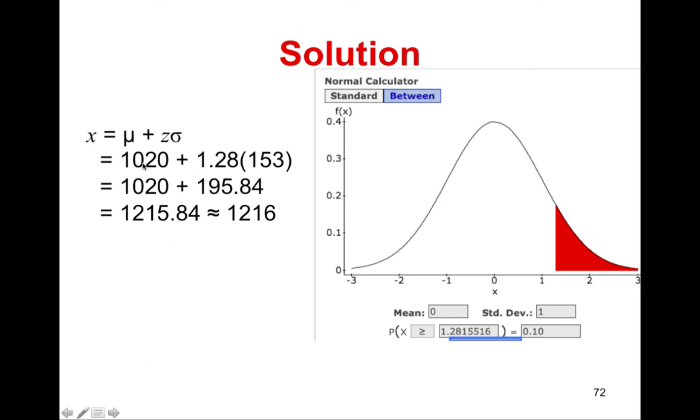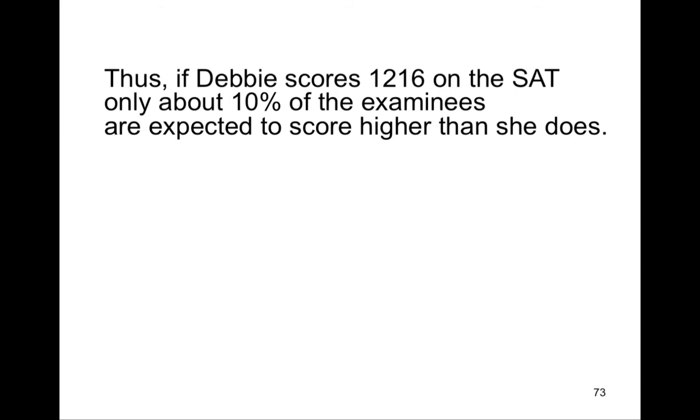We put in the mean SAT of 1020, the z-score that cuts off the top 10%, 1.28, and the standard deviation of 153. We do the math, and that cooks up to an SAT score of about 1,216. So if Debbie scores 1,216 on the SAT, only about 10% of those people taking the exam will do better than she does.